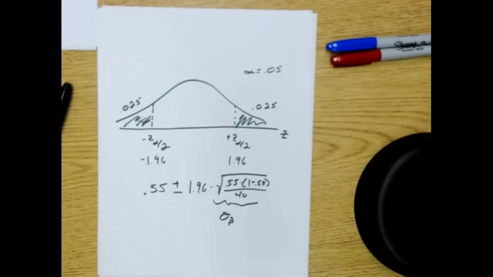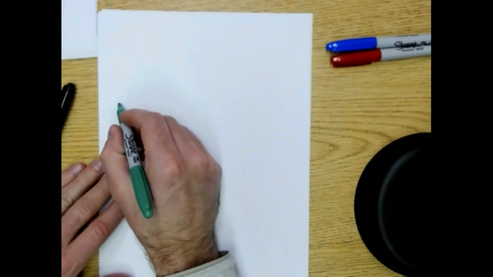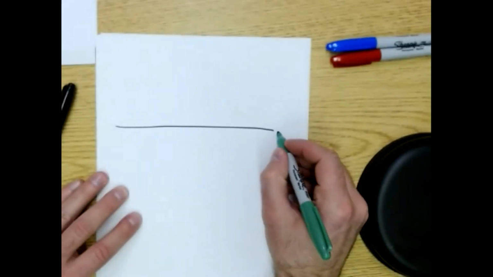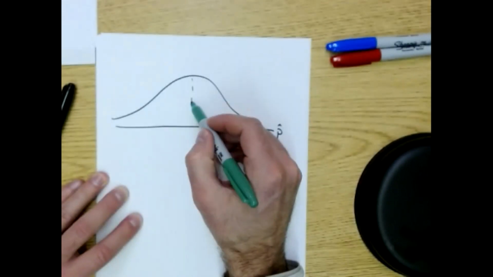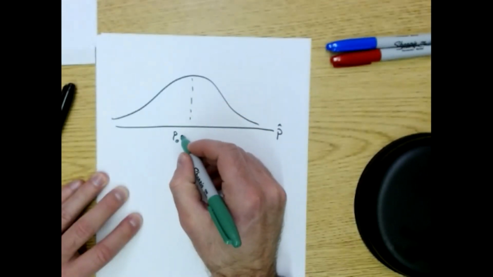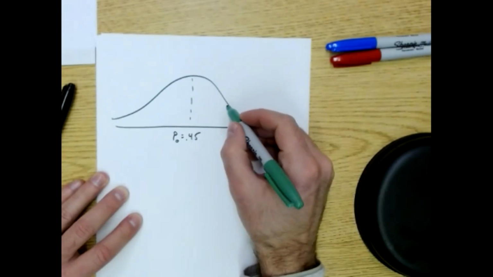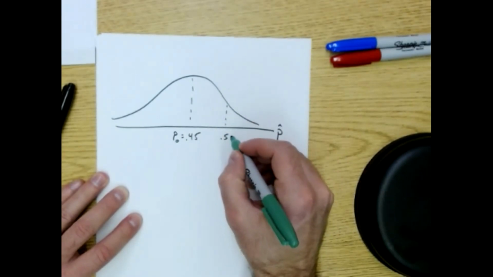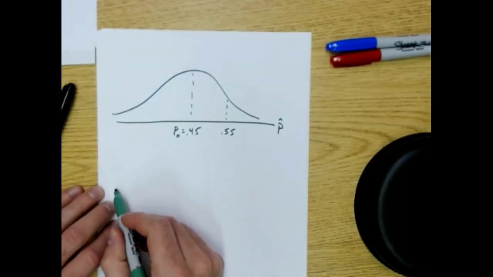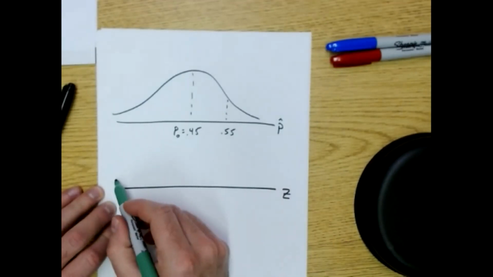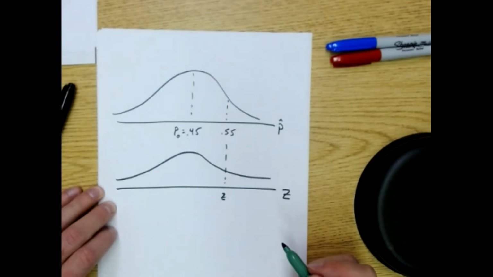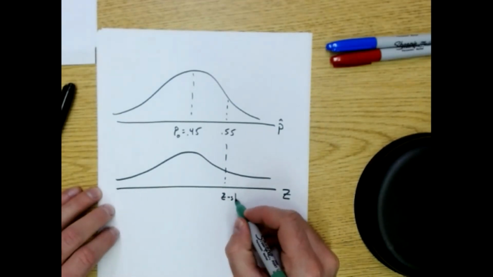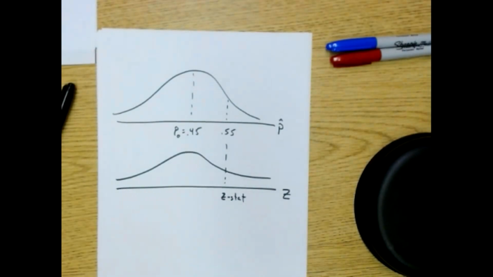Now, one thing to help keep from making some easy mistakes is to think about it this way: if what we assume to be true is in fact true, and we saw a sample proportion of 0.55, what we're trying to do is convert this value into a z-statistic since we're doing a hypothesis test.